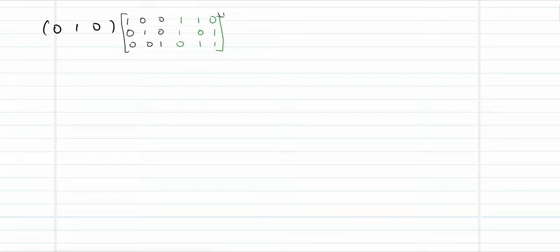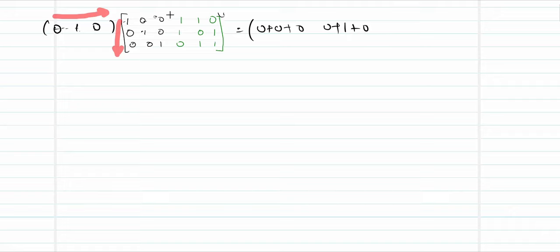So here we go. Multiply a row with a column. What gets generated over here is 0 into 1, 0 plus 1 into 0, 0 plus 0 into 0, 0. Next element, 0 into 0, 0 plus 1 into 1 is 1 and 0 into 0 is 0. 0 into 0, 0 plus 1 into 0, 0, 1, 0 into 1, 0.